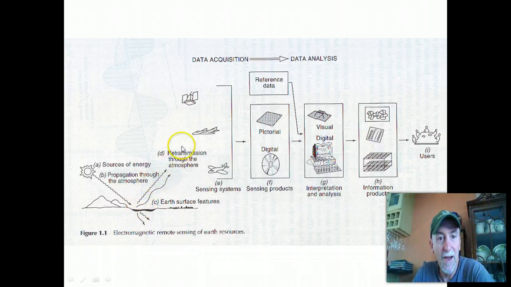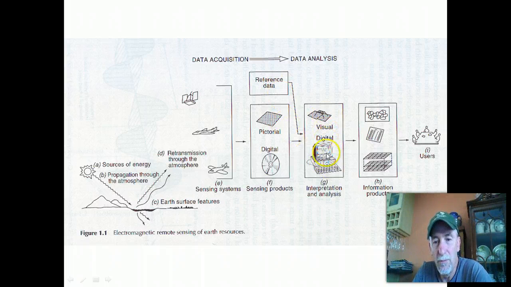It goes back through the atmosphere, and then it's captured by some kind of remote sensing instrument, and then this data, either analog pictorial data or digital data, is processed and combined with reference data.